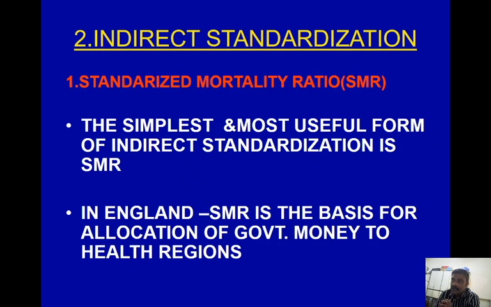Now indirect standardization. The standardized mortality ratio is what it is also called, the simplest and most useful form of indirect standardization. In fact, one of the places where the standardized mortality rate is used very heavily, for allocation of money to various regions, is England, where they use it for allocating money to a particular region.